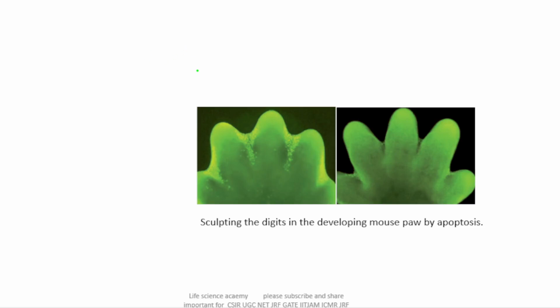Initially, I told you about embryonic development. In the embryonic development, you have a structure looking like this manner. This is the limbs of the human or mouse, or any vertebrates.